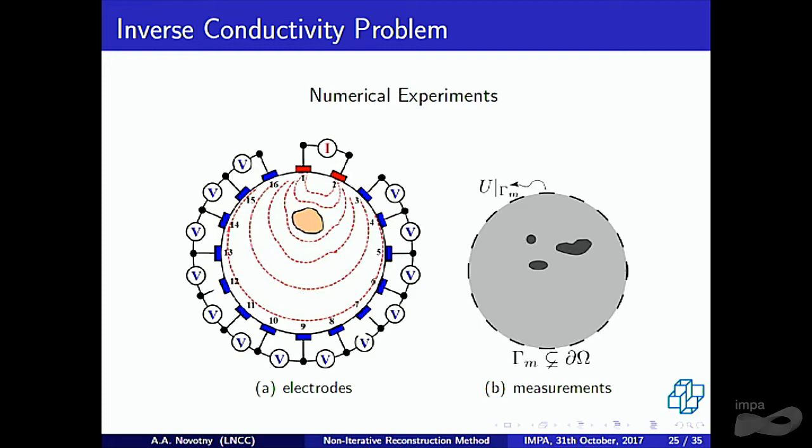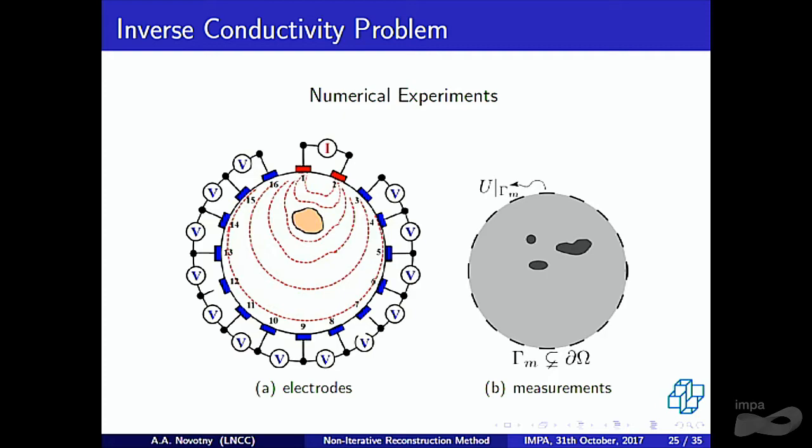This is the idea. In our synthetic problem, the boundary is divided into some small pieces like that, highlighted here in thick line. And then it represents the electrodes of injection, drain, and the electrodes of boundary measurement.